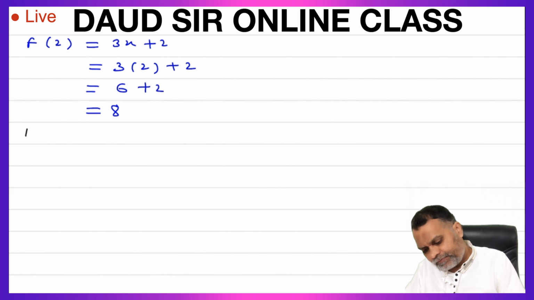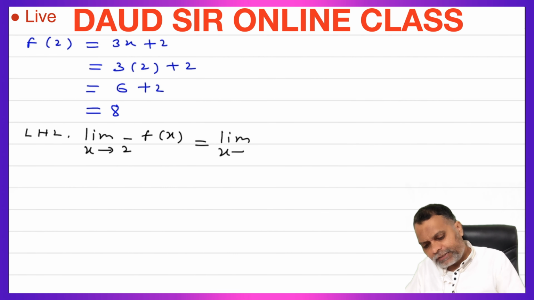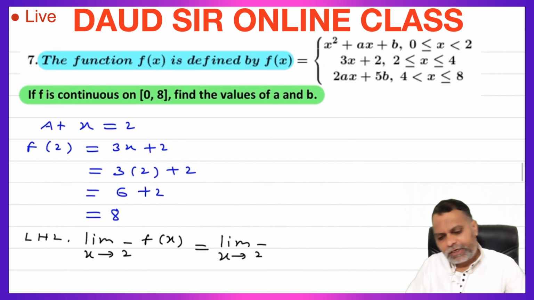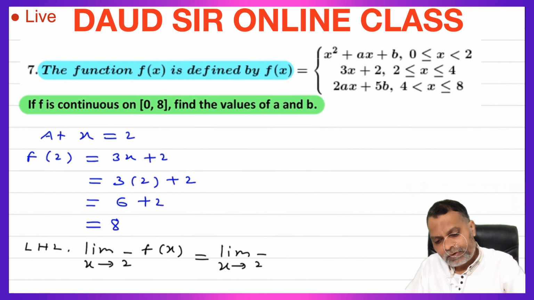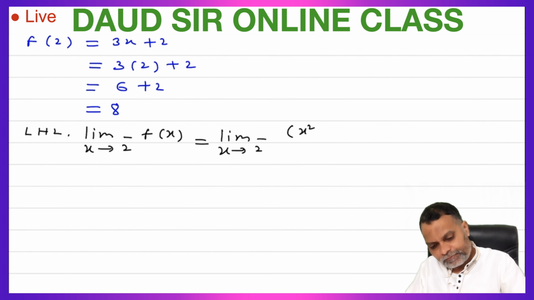Left hand limit, limit x tends to 2 minus f of x. Check where x is less than 2, x is less than 2 here. So take this function x square plus ax plus b.